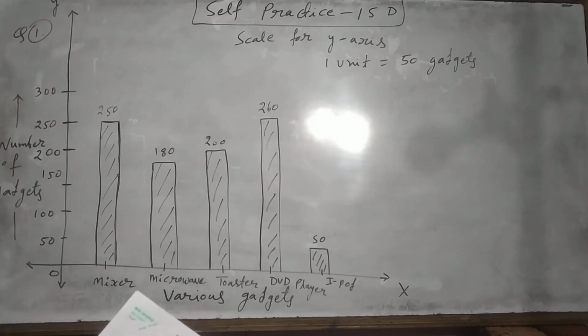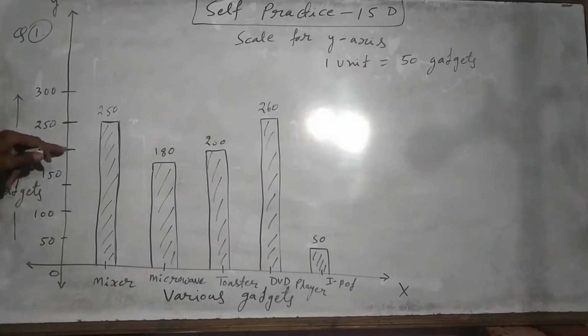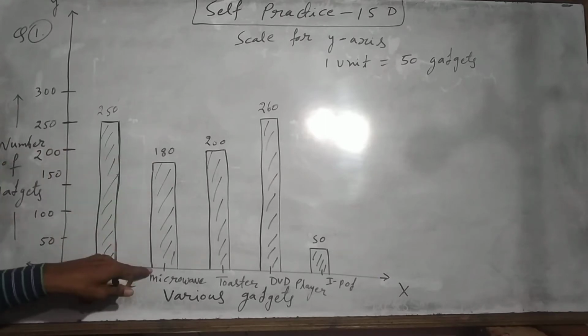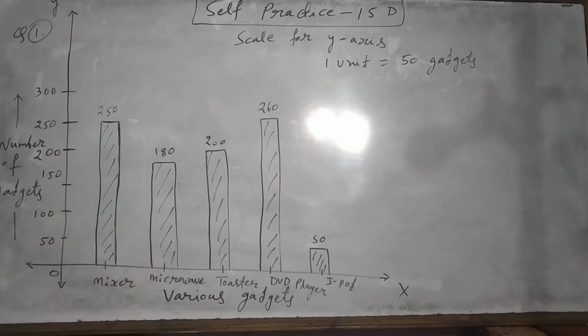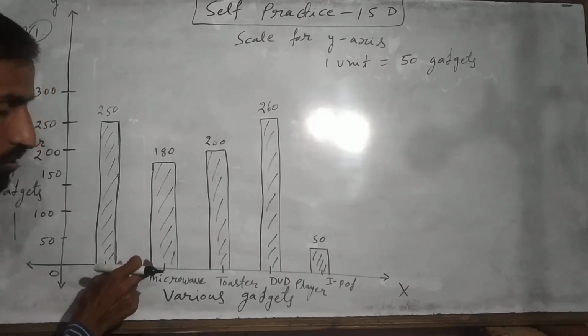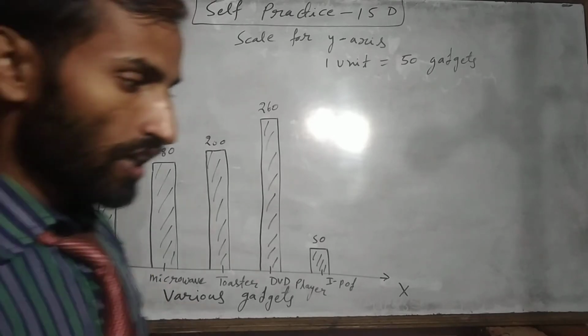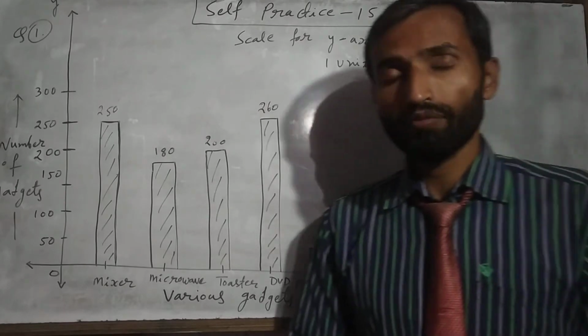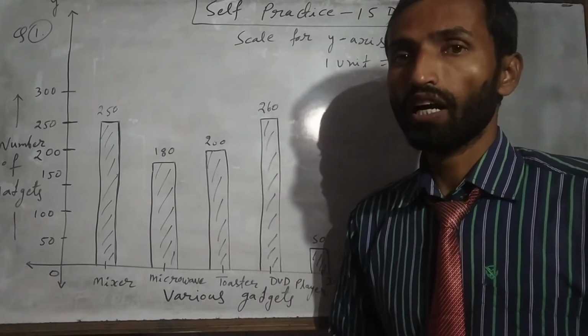After that, the next bar is microwave. Microwave is 180. 180 means just below 200. The length I have taken for one component, the same length you have to take here also on the graph paper. Be careful, this graph you have to draw on graph paper only.